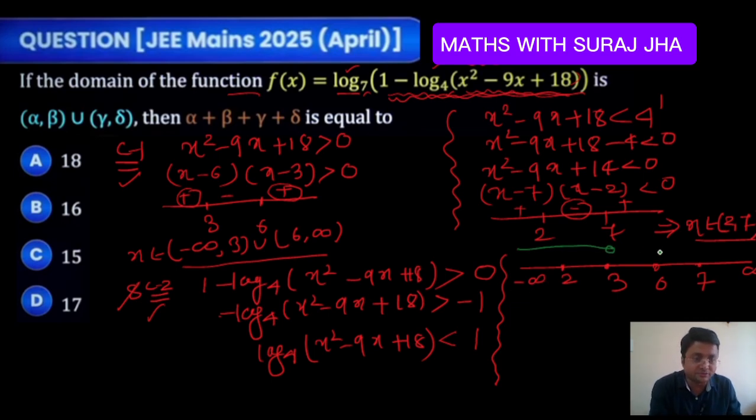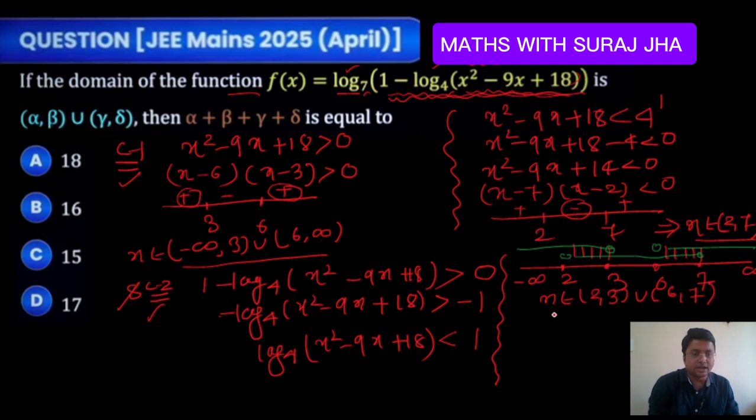After that, 6 to infinity, then 2 to 7. Now we have to select the common part. The common part is this and this. So we can write x belongs to (2, 3) union (6, 7).